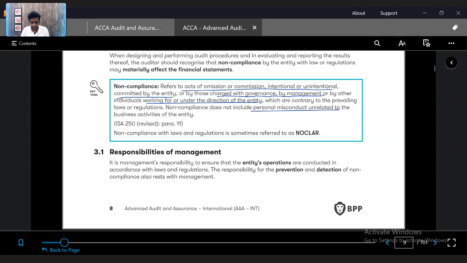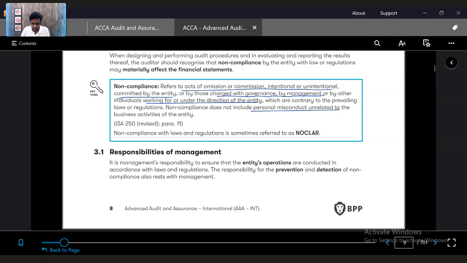For example, if an employee does something illegal, then it is on him, the employee. It should not be treated as the entity having made him do something illegal. Let's say, for example, he went to a bar, had a few drinks and started fighting with the staff there. That is upon him. The maximum the entity can do is to dismiss him from the company.